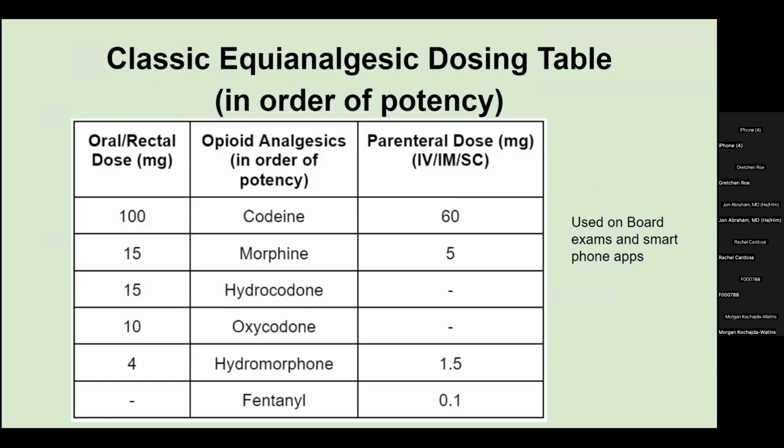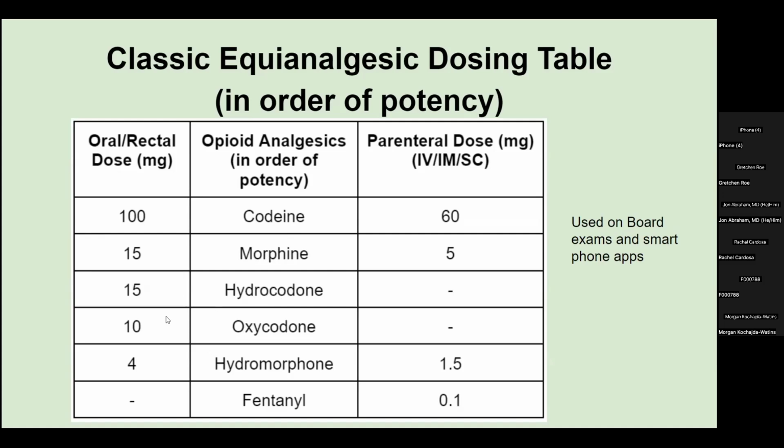So this is the table similar to one you might see on the boards or in smartphone apps. And this is kind of the classic table. I've reorganized it to change it to order of potency. So the least potent is codeine. Morphine and hydrocodone are the same potency.